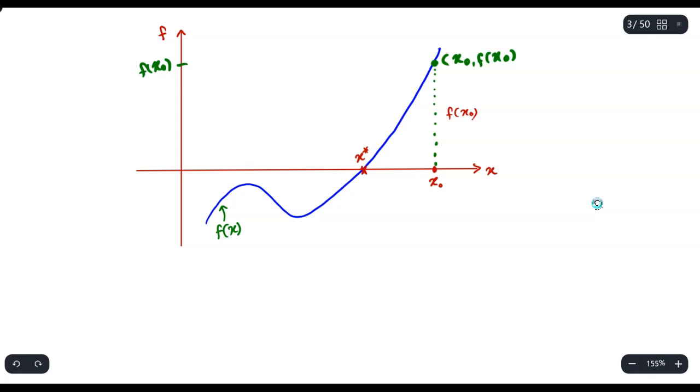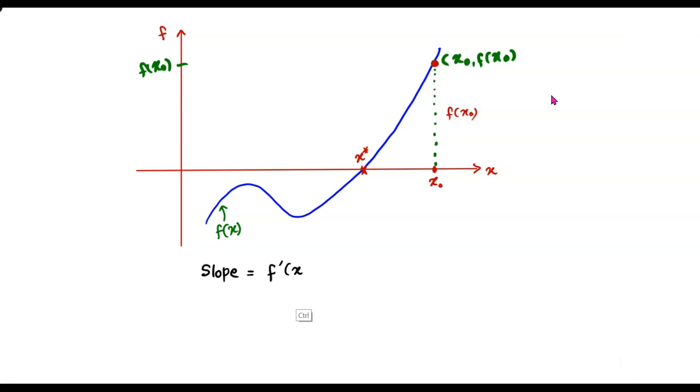Then at this point here, if we take the slope, I'm going to write the slope. The slope at this point is equal to the derivative of the function f(x) evaluated at x naught.